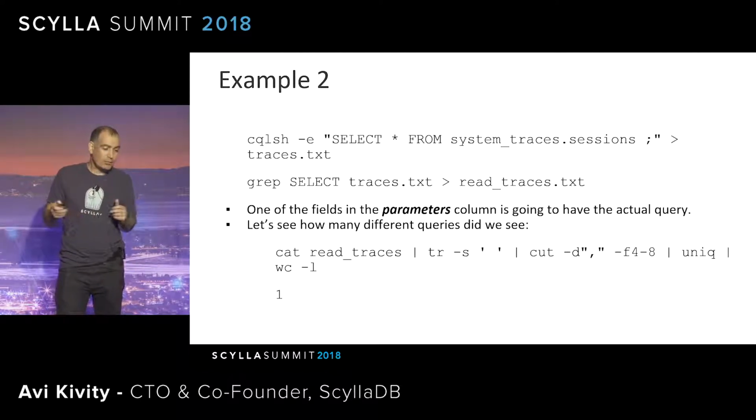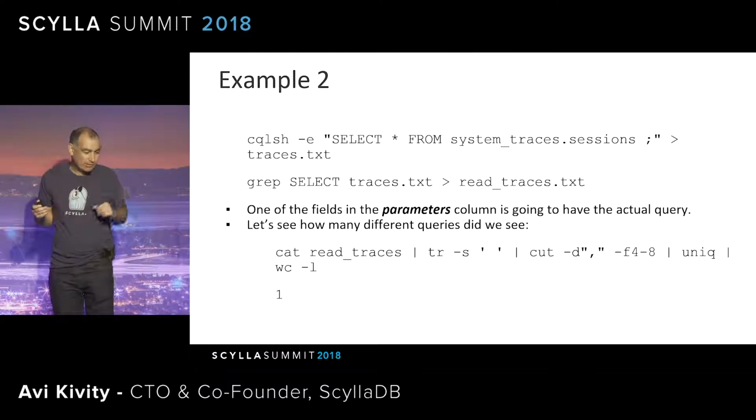And with a little bit of shell magic, you can isolate the key from that query and run the unique command in order to see how many unique keys were accessed. And if you get a small number, then you know that you have very hot partitions.